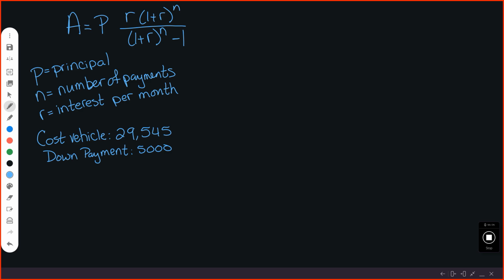You have an APR. In one of the problems in this packet, they tell you the APY. We are going to just pretend it says APR because they're a little bit different. So my interest rate is 8.24%, and the term of my loan is 60 months.